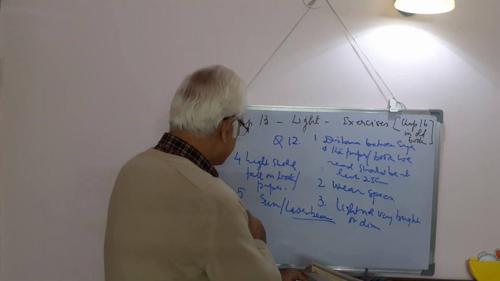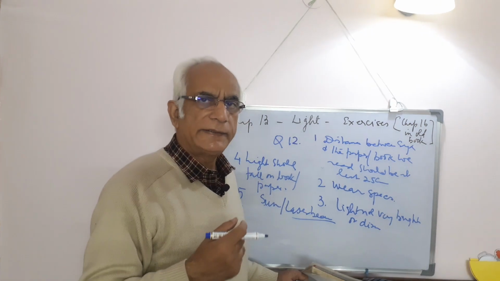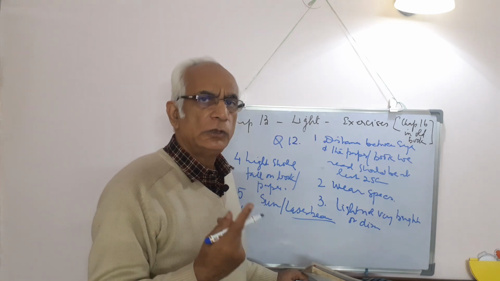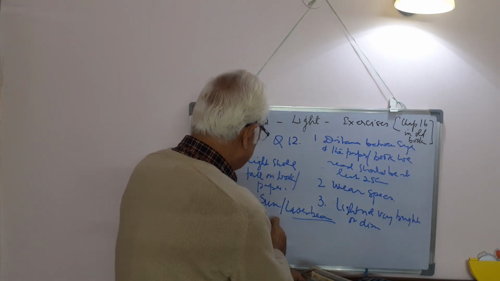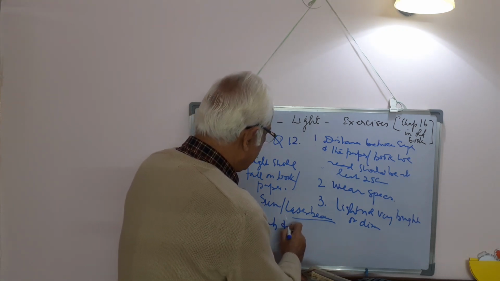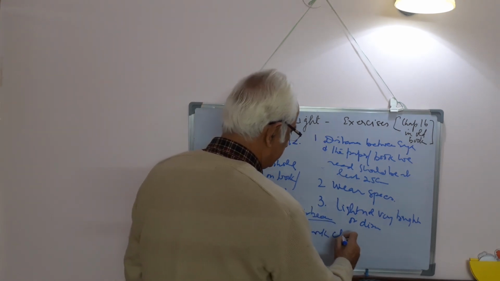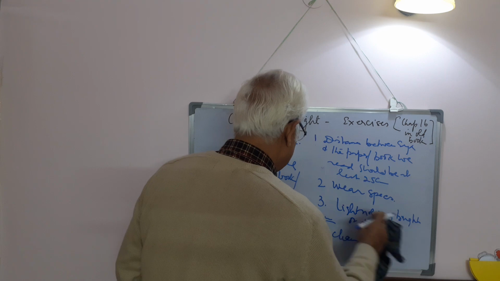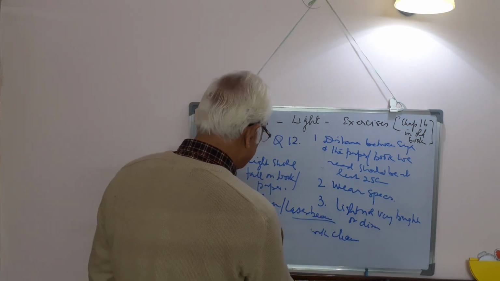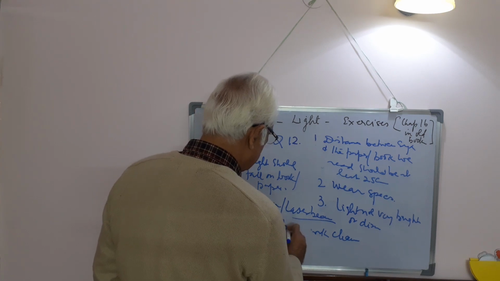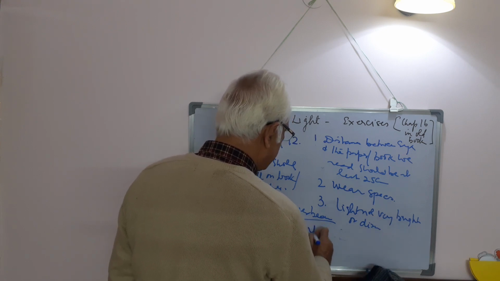Okay? Six. If something falls into our eye, a dust particle or an insect, we should not rub the eye. We should wash it with clean water. So we don't rub the eye if something enters it.